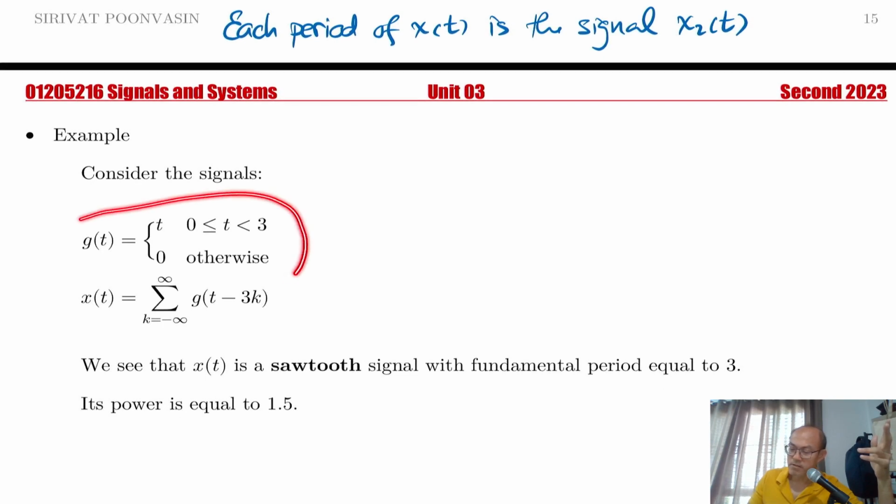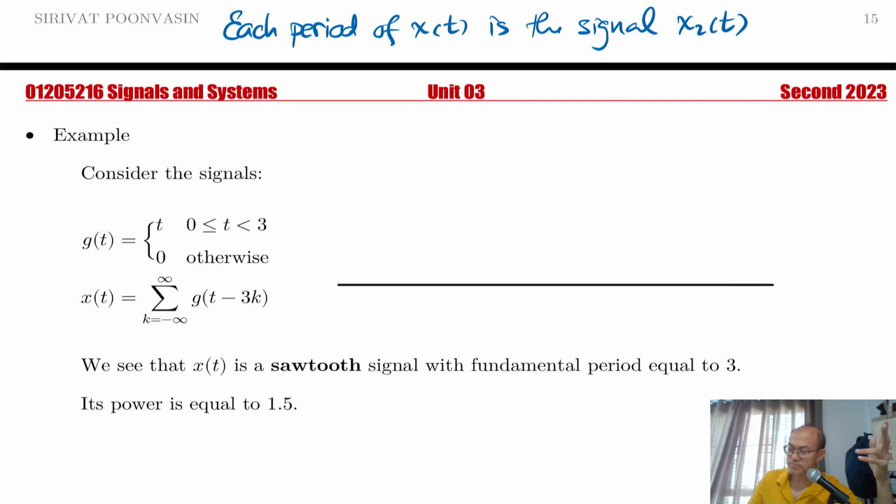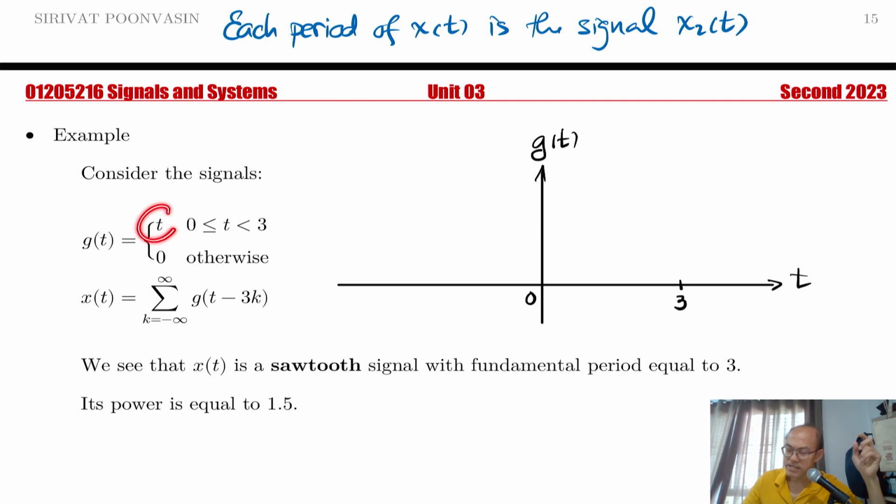So let's look at another example. Now let's see. We have a signal G that is defined by this equation. So let's draw the shape of G first. Now G is T when time goes from 0 to 3. So 0 to 3. Okay? T is a straight line with slope of 1 and passes the origin.